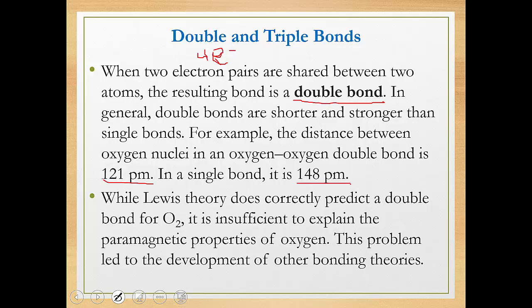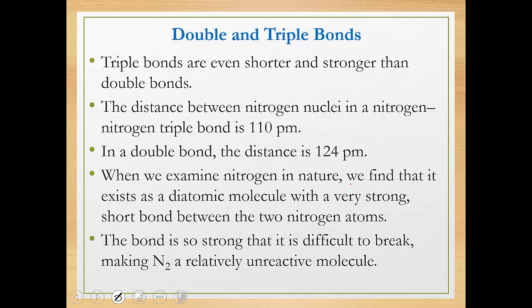Because Lewis theory was not a catch-all and didn't explain everything, it led to the development of other bonding theories, but Lewis structure was still the initial theory or model, if you will, for determining these structures, and it was the jumping off point. So they all owe their existence to Lewis theory.